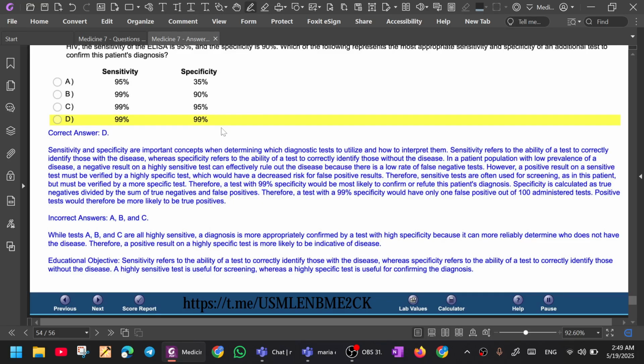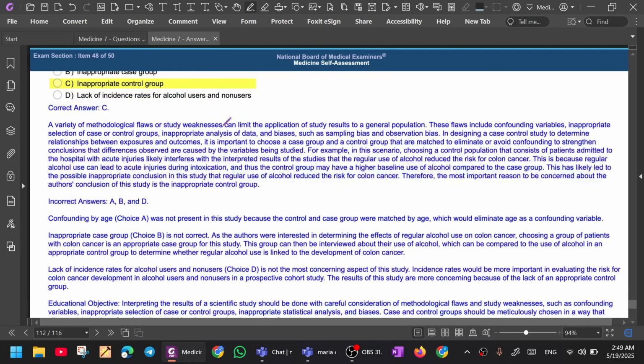A variety of methodological flaws or study weaknesses can limit the application of study results to a general population. These flaws include confounding variables, inappropriate selection of case and control groups, inappropriate analysis of the data, and biases such as sampling bias or observation bias.